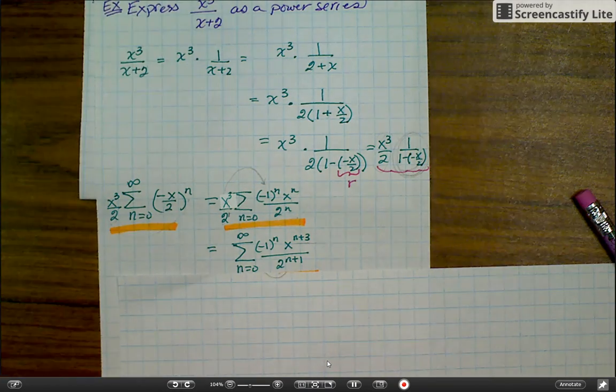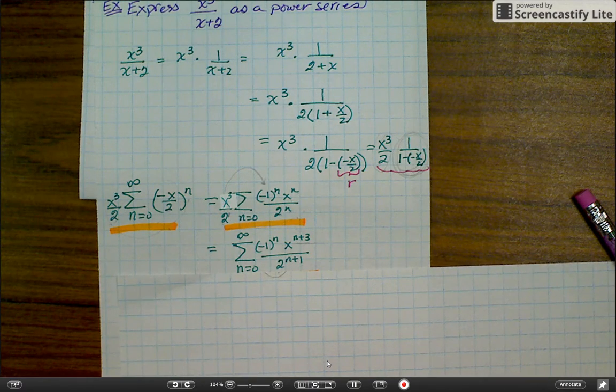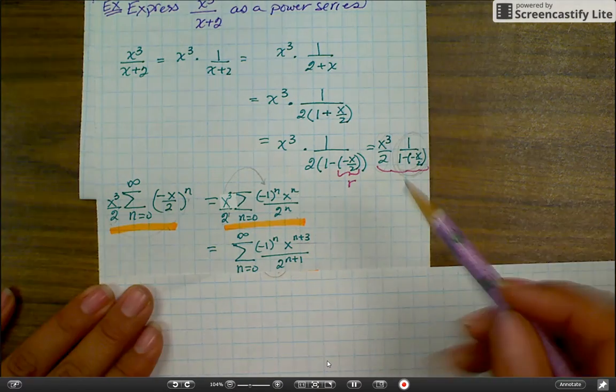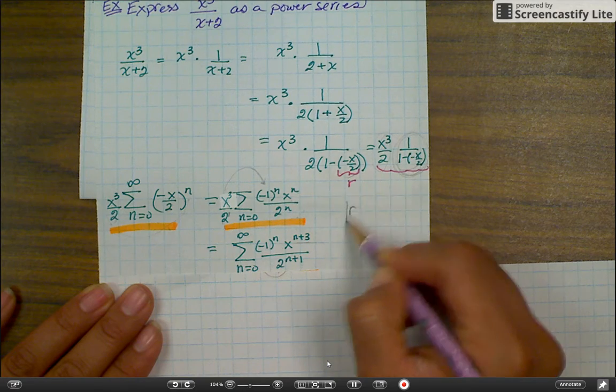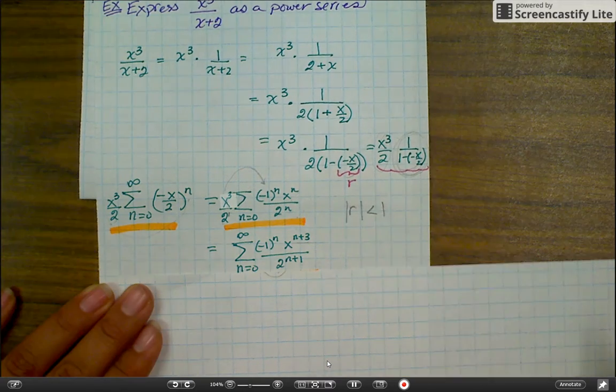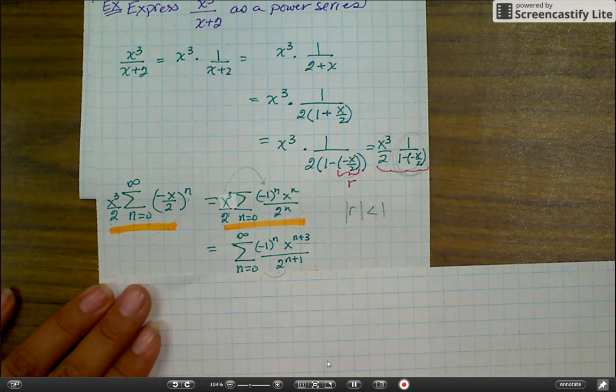Continuing on. So, again, they didn't ask us for the radius of convergence or interval of convergence, but how do we find that? Well, we will take our r. We know our r absolute value has to be less than 1. So what is our r in this situation? Negative x over 2, right?